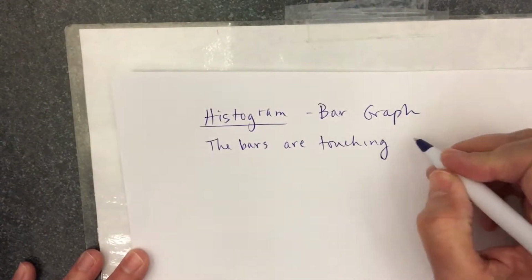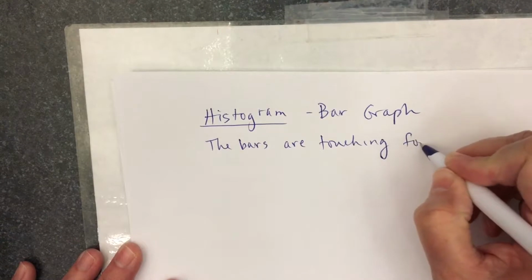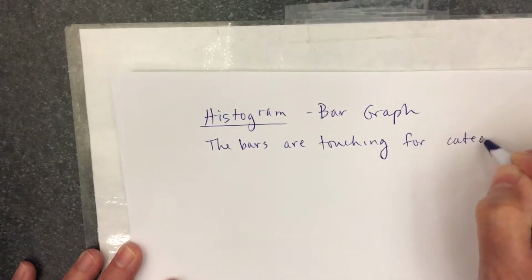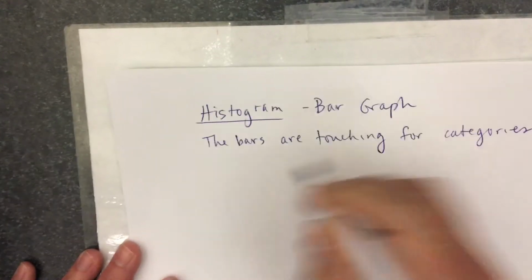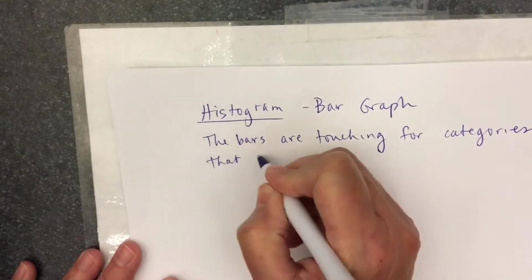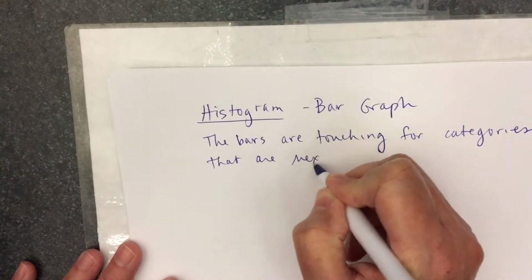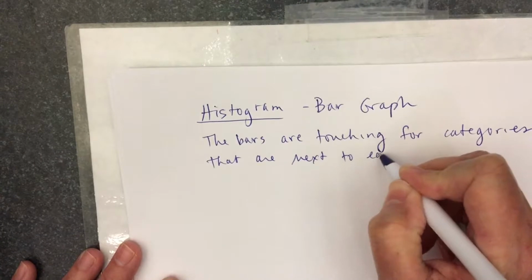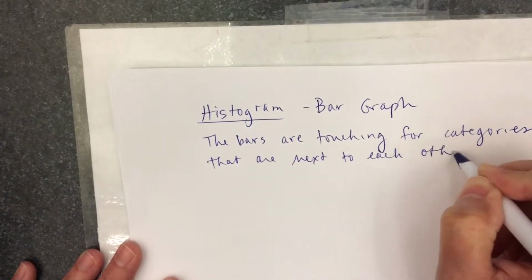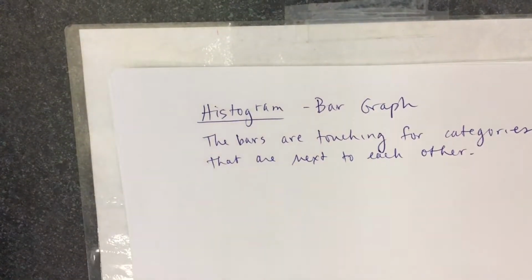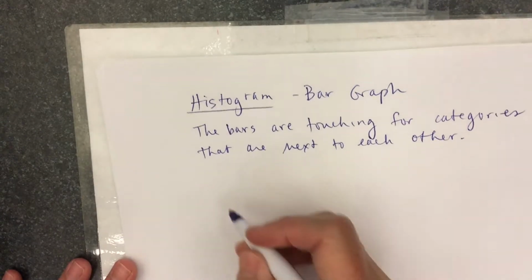The bars are touching for categories that are next to each other. So with my heights of young women, I'm going to do a histogram.